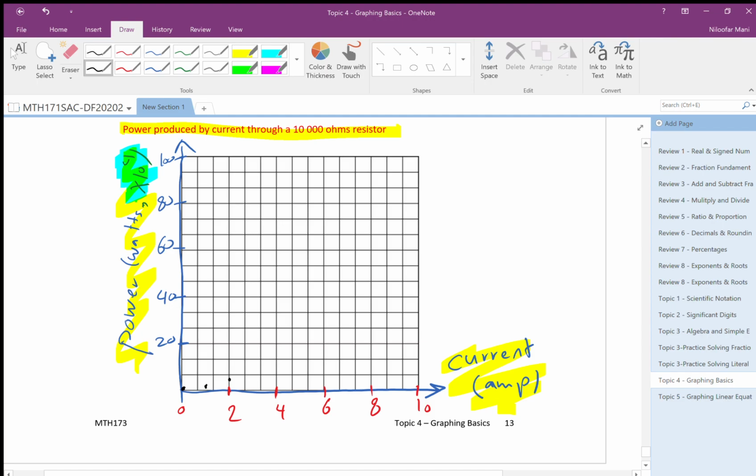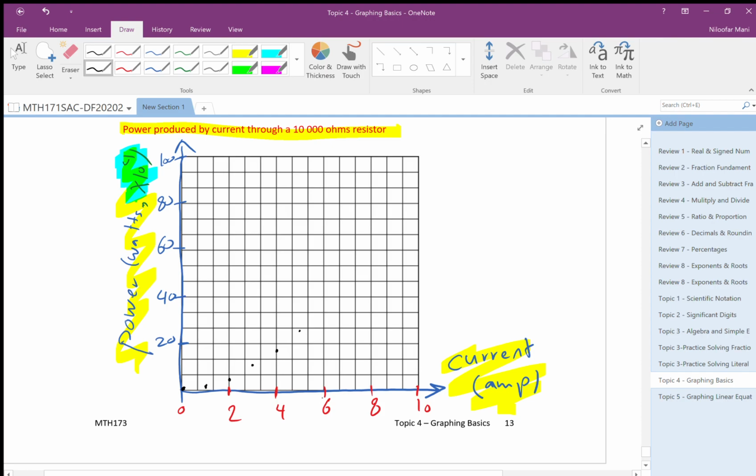So 3 and 9 is almost in the middle. Okay, 4 and 16, so it's almost close to 20. 5 and 25, so it's almost here, between 20 and 30.